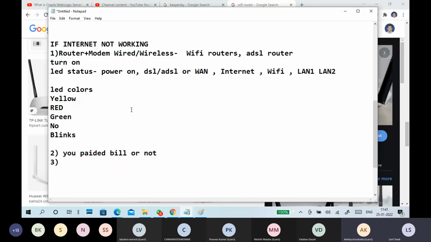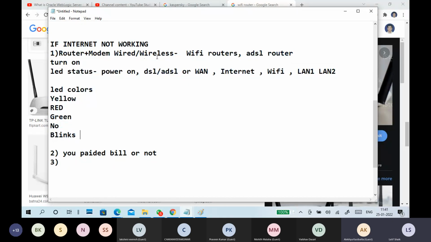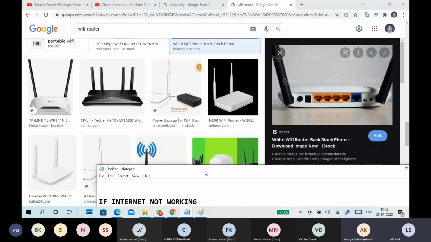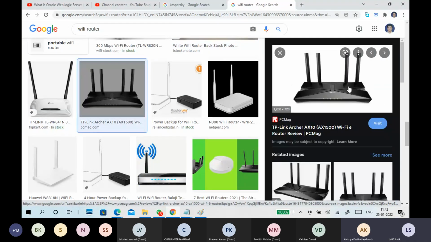Okay, if your internet is not working, the important thing is to make sure that your router, modem, wireless router, whatever name it is you are using, however it looks like, has front side LEDs, maybe a single LED or multiple LEDs.